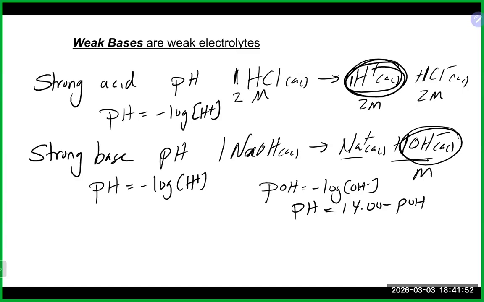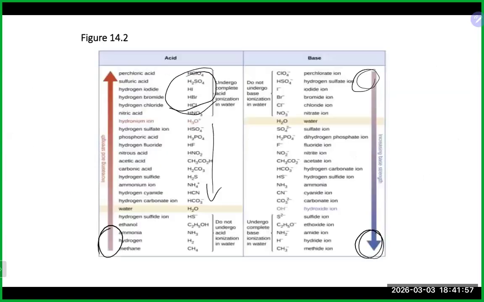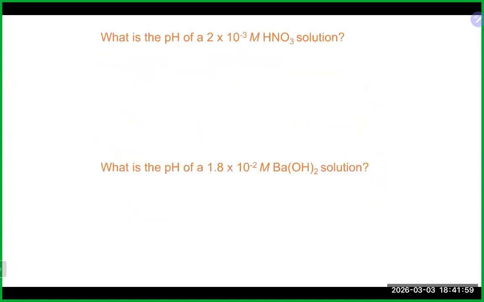Any questions on that? All right, so why don't you try it here? For each of these, both strong acid and strong base, calculate the pH of each of these solutions.